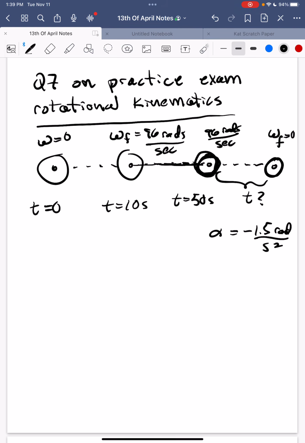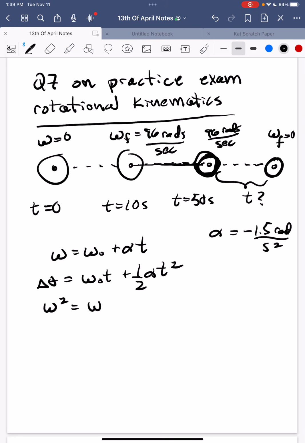So how are we going to solve this? This is one of those angular kinematics problems, and let me just write down the different kinematic equations here. The basic idea is that instead of having v, we're going to have angular velocity omega.